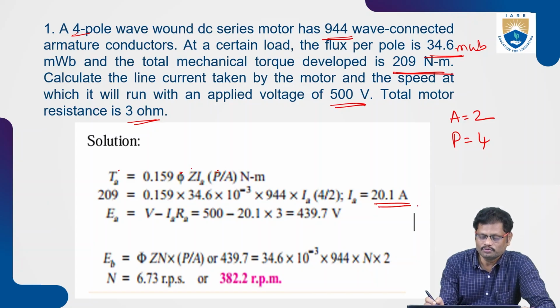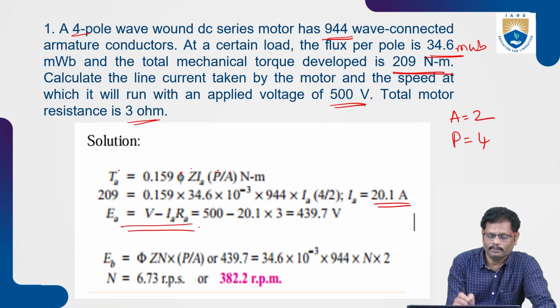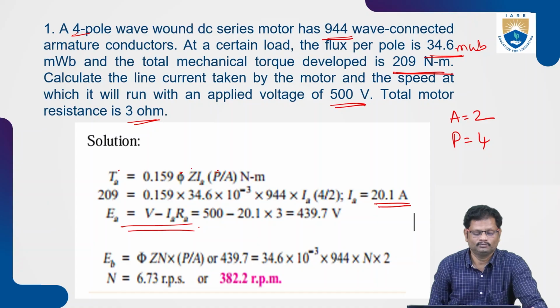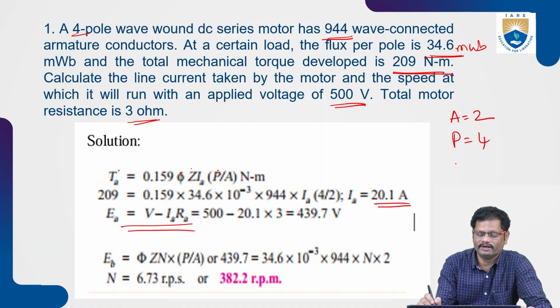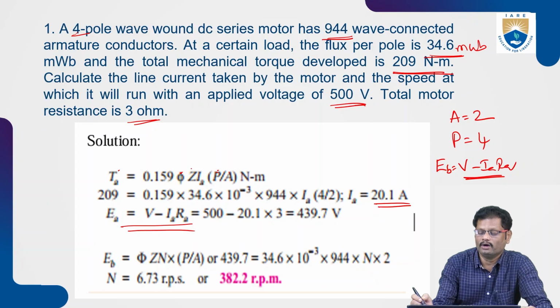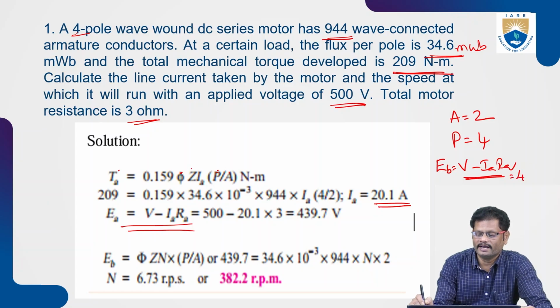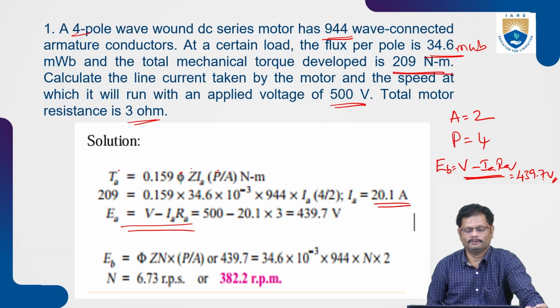And substitute this armature current value in the EB value. For a DC motor, we have the relation between voltage and back EMF as EB equal to V minus IARA. After substituting all these values, we have 439.7 volts as the back EMF developed.